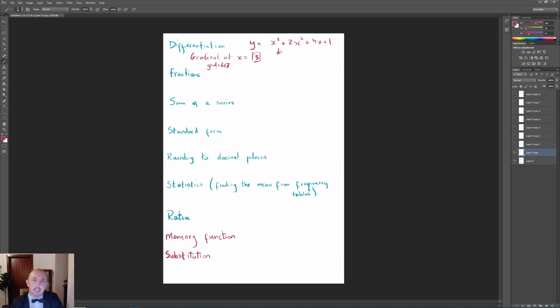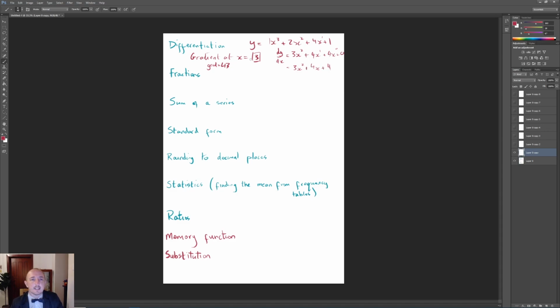Let's just double check that by differentiating this. dy by dx is 3x squared, so we multiply by 1 and then reduce the power by 1. 2 times 2, reduce the power by 1. This is x to the 1, 1 times 4, x to the 0, and then there's a plus 1 which differentiates to 0. So our final function for the differential is 3x squared plus 4x plus 4.